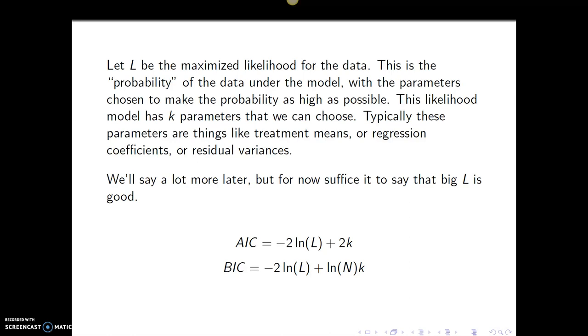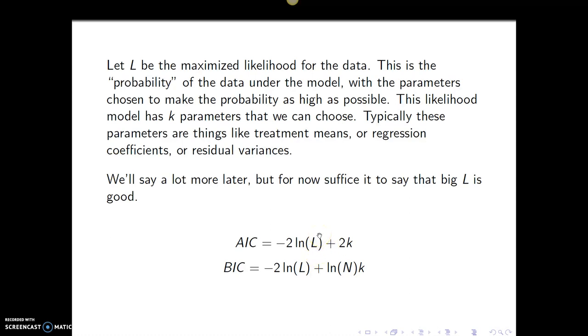This likelihood is going to be as high as possible, and will be maximized when we have a good fitting model. Okay, so notice with both of these, we take -2 times the natural log of that maximized likelihood.